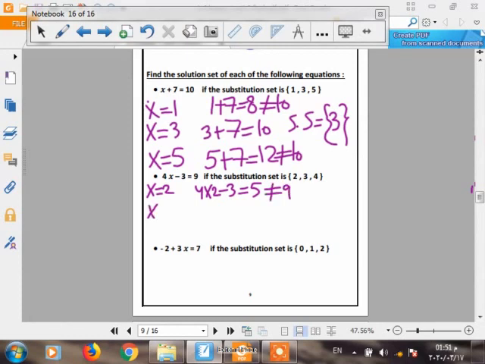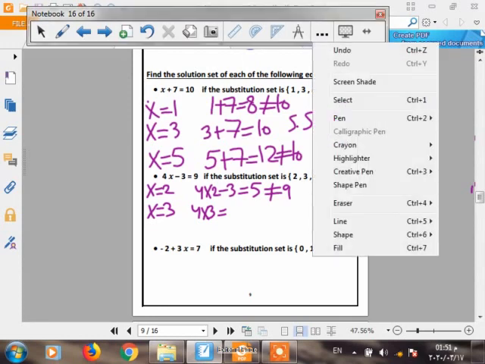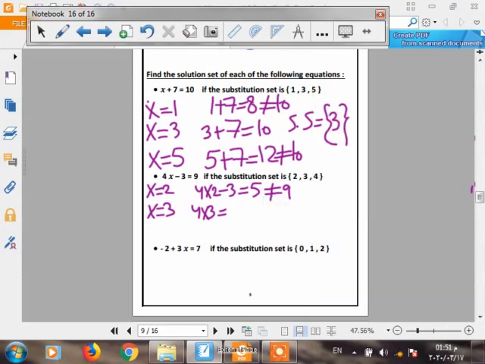Let's check if x equals 3. 4 times 3 equals 12. 12 minus 3 equals 9. So it's in the solution set.